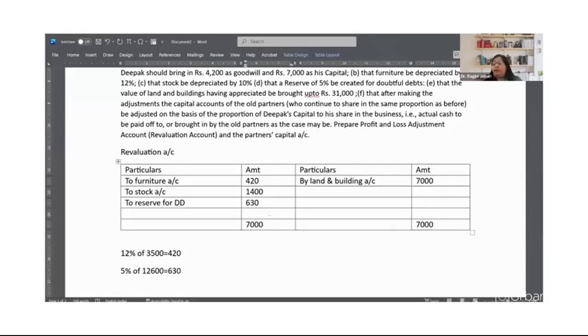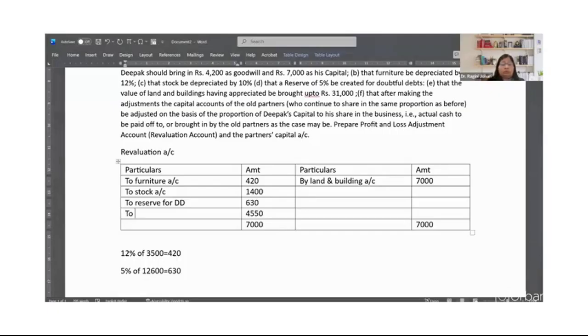This becomes 2,450, minus 7,000. This is 4,550. This is my balancing figure. This is what? This is revaluation profit. Please understand, this revaluation profit needs to be distributed among the partners in their profit sharing ratio.